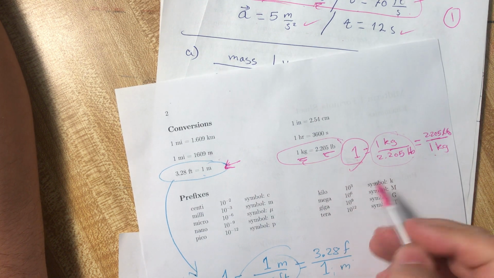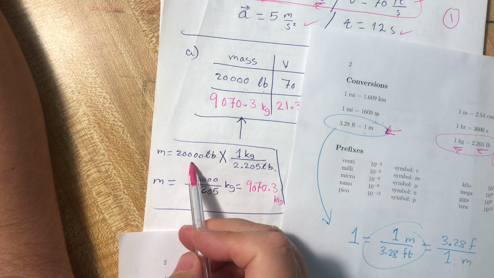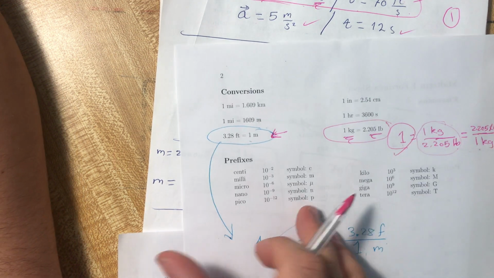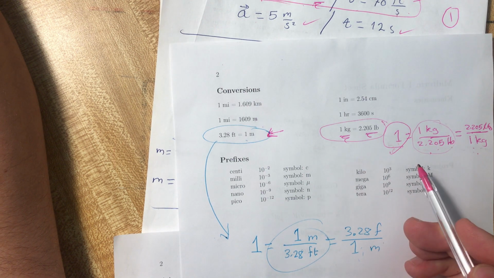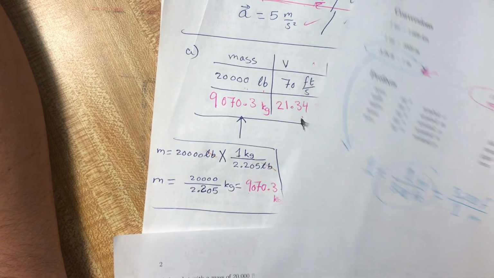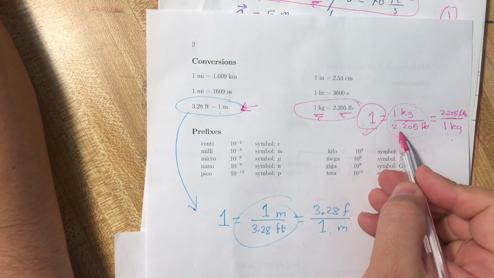This is equal to 1. We need to multiply the given mass in pounds with one of these two values, and we need to cancel the pound unit from here. So we'll use this first one.